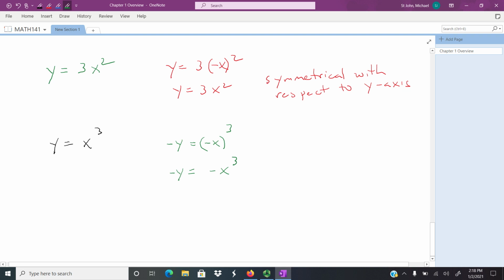And then, of course, I could divide everything by negative 1, and y equals x cubed. And again, those are the same. So this is symmetrical with respect to the origin. So those are the 3 symmetry tests you can do with an equation.